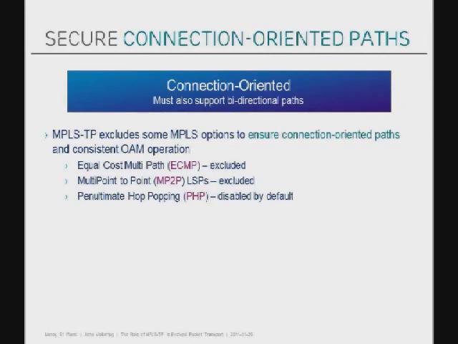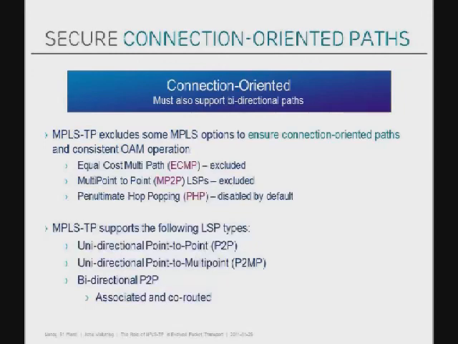So therefore, it must be excluded. For the same reason, multipoint-to-point capabilities are also excluded, as well as PHP. If PHP is enabled, then the LSP doesn't reach all the way to the far end where the termination point of the service is. So therefore, the last label should not be popped by PHP, and therefore it must be disabled by default.